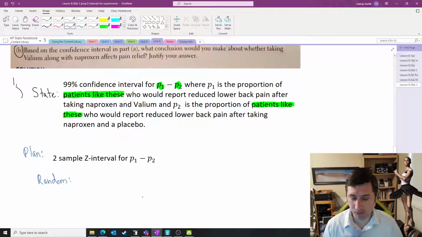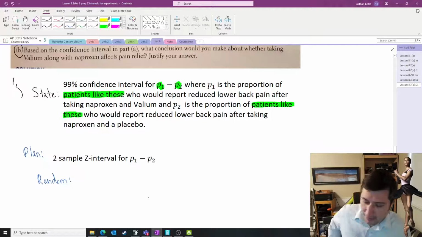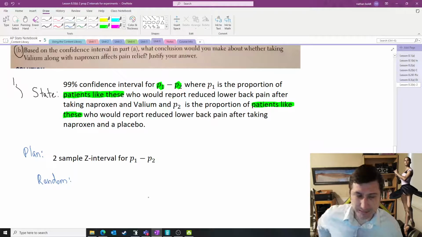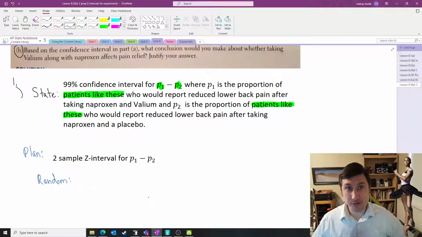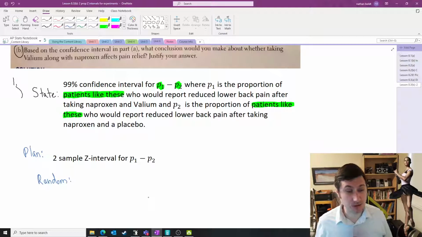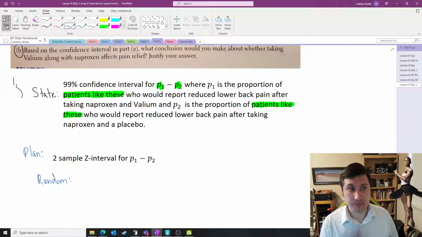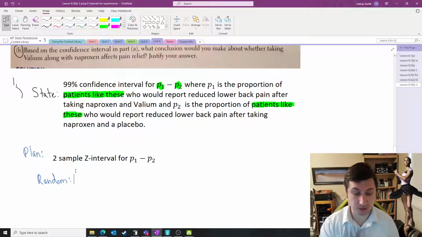Now you might think, oh Bolt, didn't you just say that they didn't randomly select these people? True that. You never randomly pick people for an experiment. That's not how experiments go. To satisfy the random condition for an experiment, we randomly assign participants to treatment or placebo.